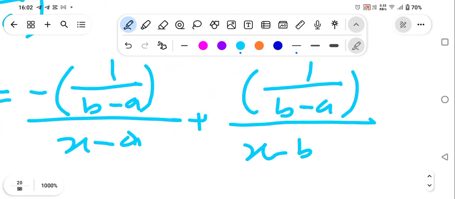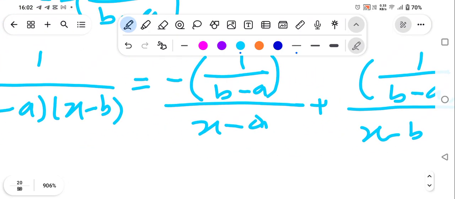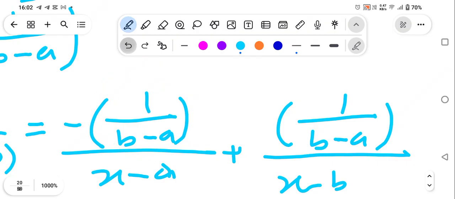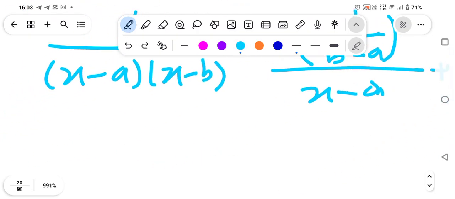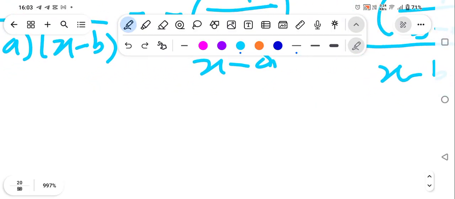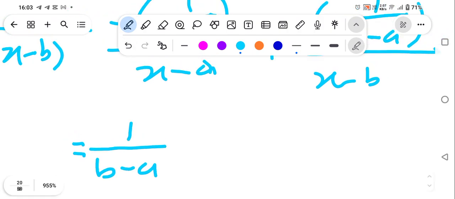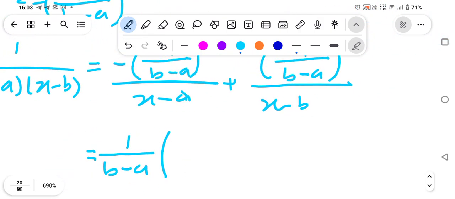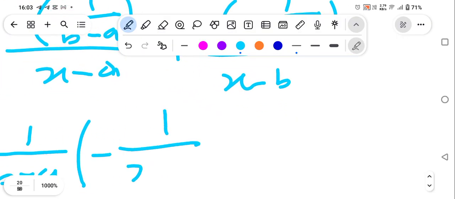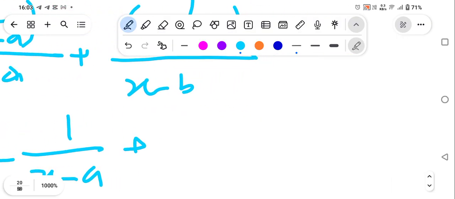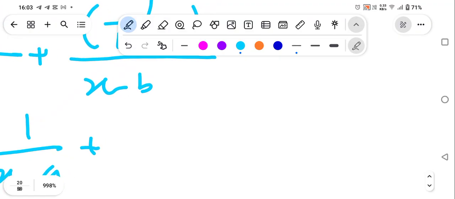And I'm going to factorize a and b out. I'm going to factorize this thing out. So therefore, this is also equal to 1 over b minus a times negative 1 over x minus a plus 1 over x minus b.